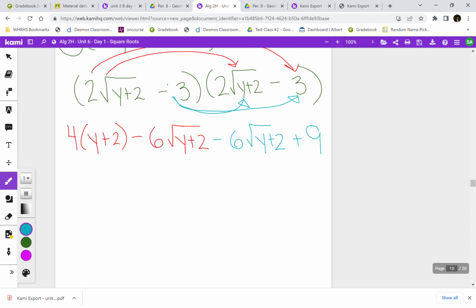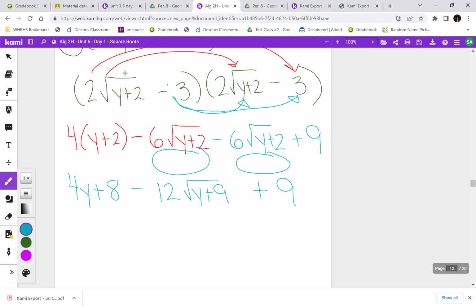All right, I'm going to distribute in this 4. So I have 4y plus 8. Combine negative 6 root y plus 2, negative 6 root y plus 2 is a negative 12 root y plus 2 plus 9. I'm not done. 9 and 8. You got it.